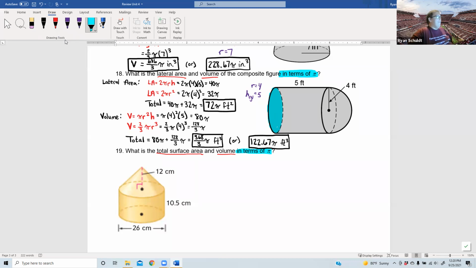Because if I find just the total surface area of this cylinder, that's going to include both circles. Yes, I want that bottom circle. That's right. I do not want this top circle. I don't want that one. So we have to be careful here. Why don't we do it this way for total surface area?